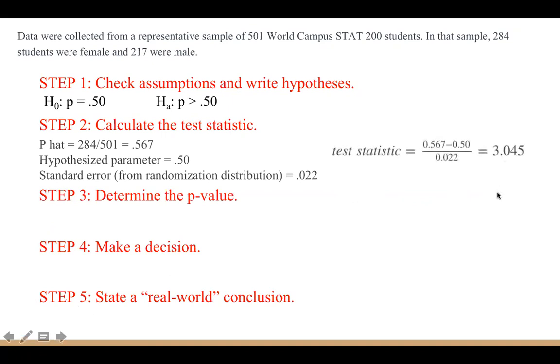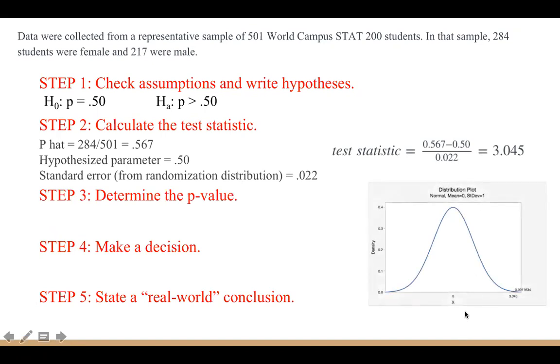So we calculate our test statistic to be 3.045, and we can put that on a normal distribution to find our p-value. If we take a right-tailed test, we get a p-value of 0.00116, and that is less than our alpha, which is 0.05.